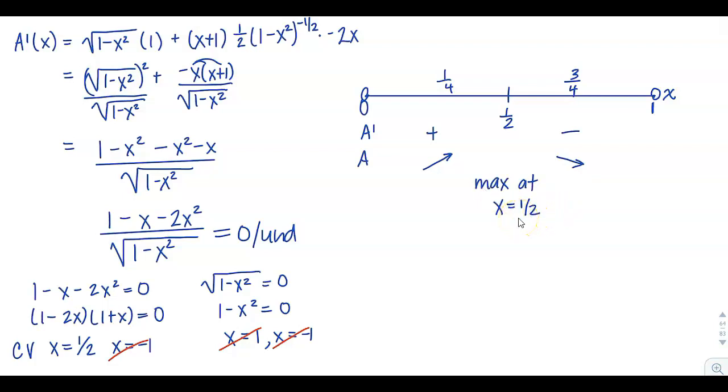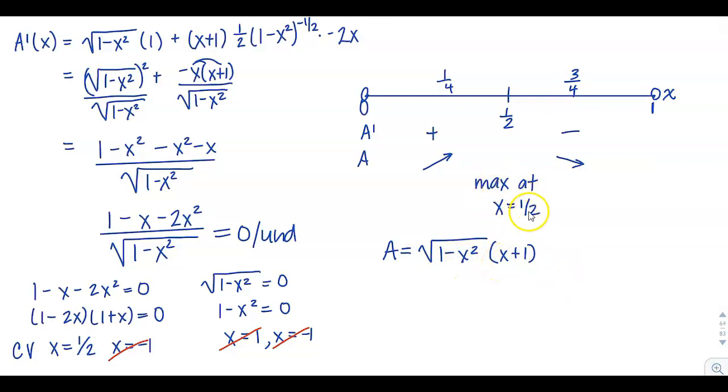And now we need to make sure and answer the question. So the question was to find the area of that largest trapezoid. So we know that the area is going to have a maximum at the x value 1/2. So let's go back and recall that the area function that we got was the square root of (1 minus x squared) in the most simplified version, times (x plus 1). This is our area function for every x.